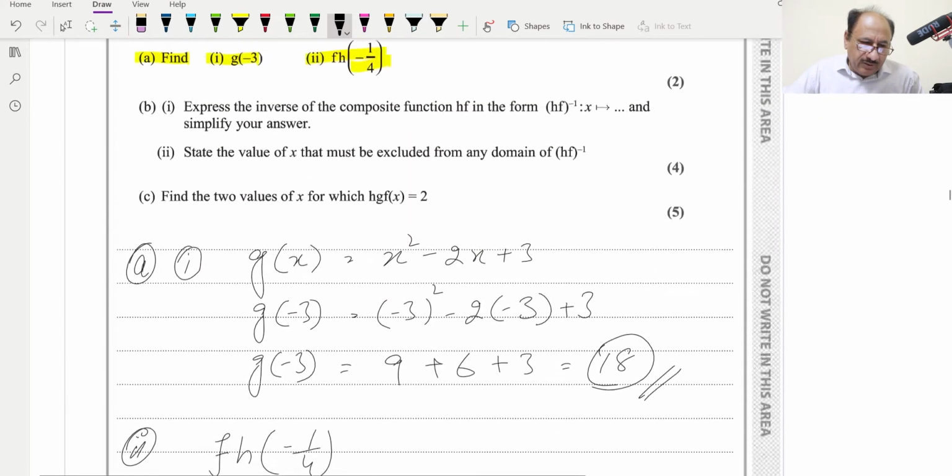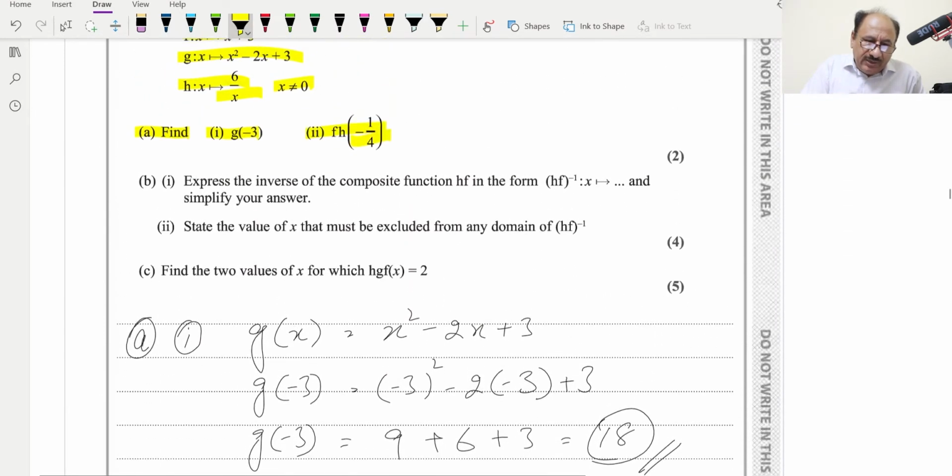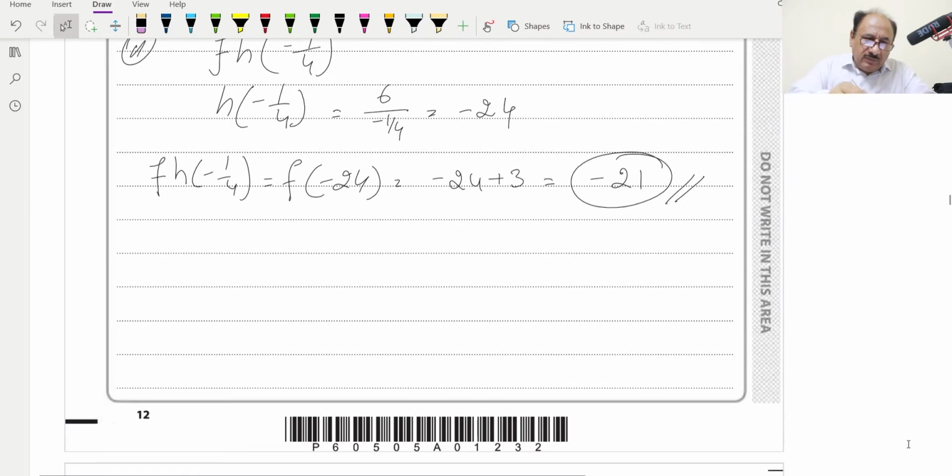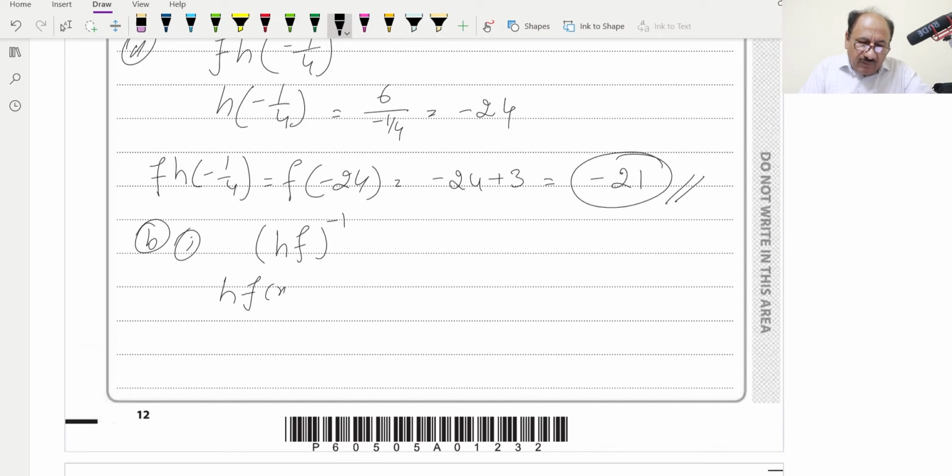Now B part says express the inverse of the composite function hf in the form this one and simplify your answer. So hf of x, B1 will be h of f of x, inverse of this. So hf of x is equal to what? 6 over x plus 3.